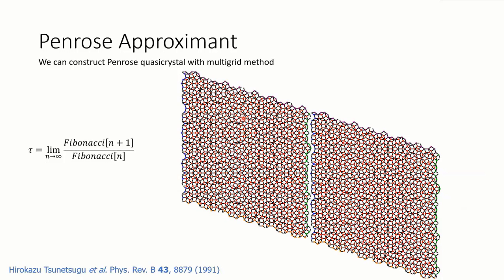For performing periodic boundary conditions, I will use a unit cell of an approximant. An approximant is a periodic approximation of the quasi-crystal, and I took one unit cell and identified two different edges of this unit cell of the Penrose approximant.